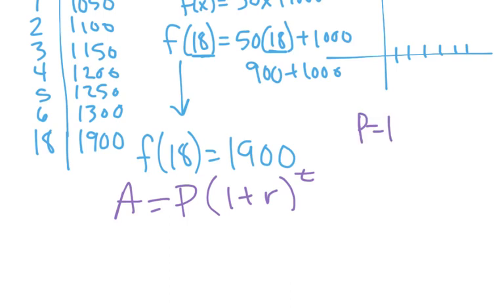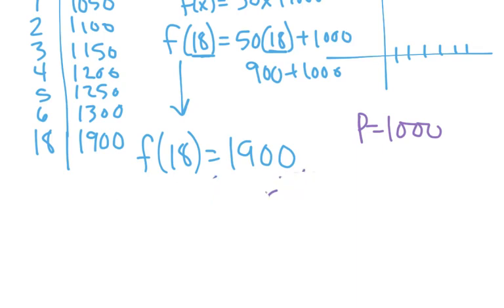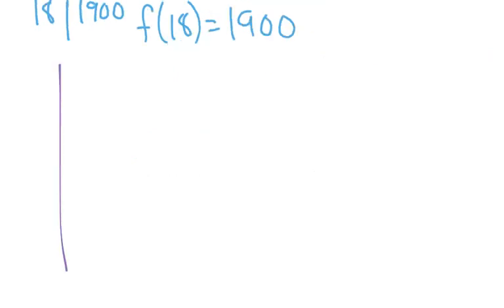Okay, so our principal was $1,000. Actually, there's two ways we could do this. The first way would be to just try it on your own, right? Would be to make that table and go same thing. Okay, 0, 1, 2, 3, 4, 5, 6, and then 18.